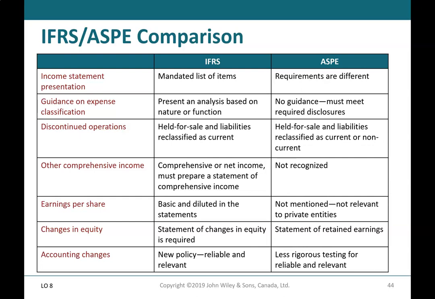Discontinued operations: IFRS, held for sale, and liabilities reclassified as current; ASPE, held for sale, and liabilities reclassified as current or non-current. Other comprehensive income: IFRS, must prepare a statement of comprehensive income; ASPE, it's not required. Earnings per share: IFRS, basic and diluted in the statements; ASPE, not mentioned, not relevant to private entities.